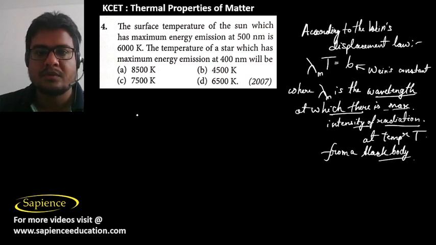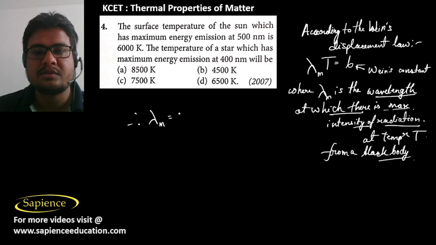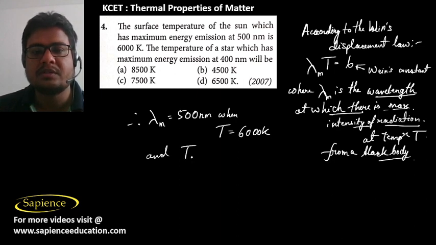So here lambda m is 500 nanometer when the temperature of the surface of the sun is 6000 Kelvin, and then we have to find the temperature T1 at which the maximum energy emission is obtained at the wavelength 400 nanometer.